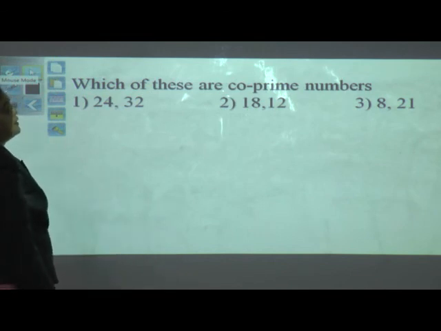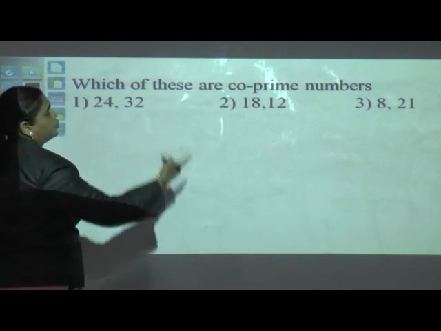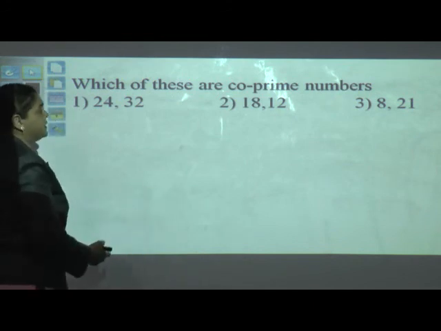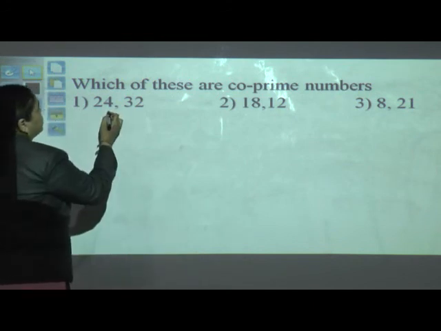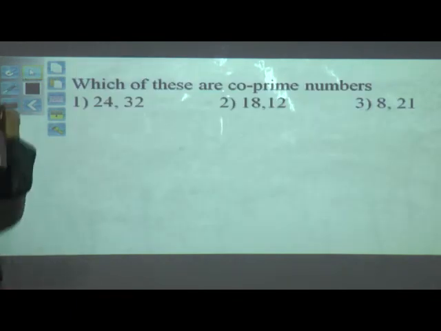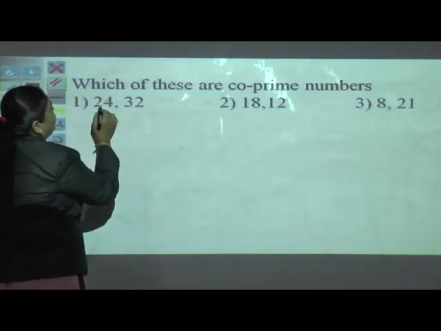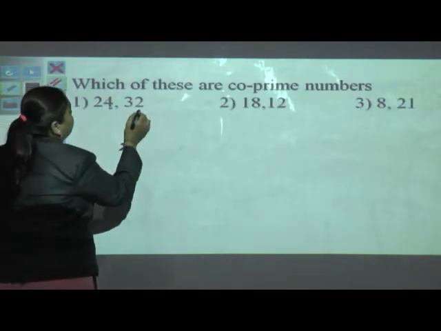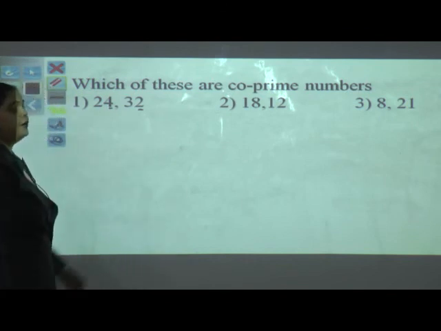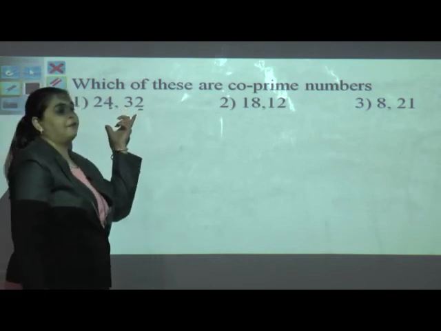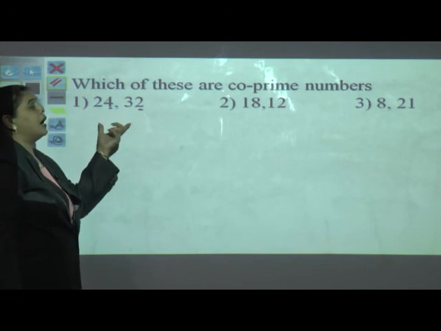Now, in the previous class we also learned about co-prime numbers. I will show you how to do it in a very easy method. We have two even numbers here. We can say that when there are even numbers, the factors are more.